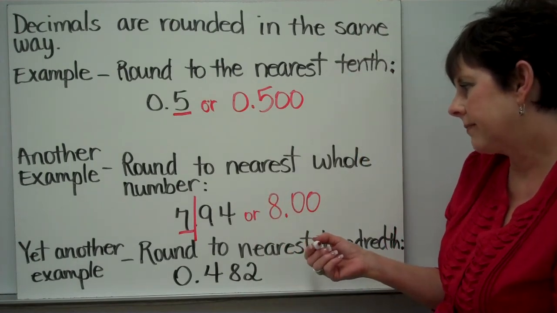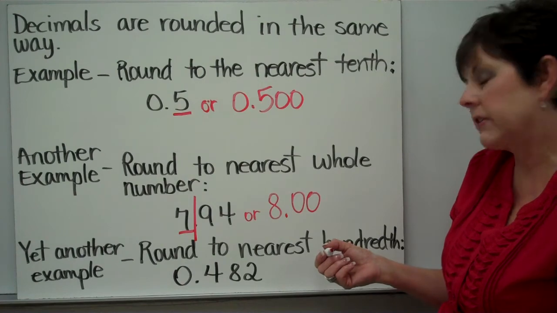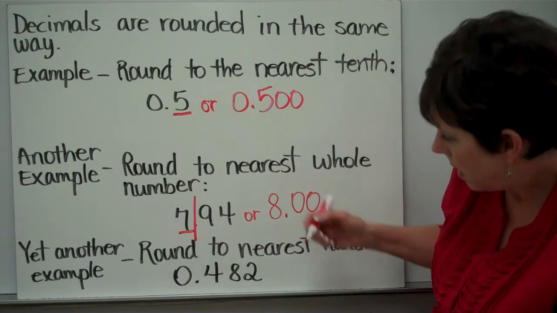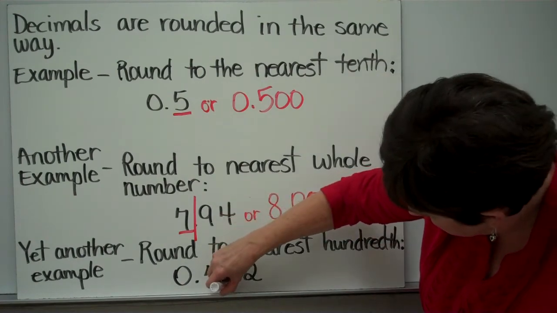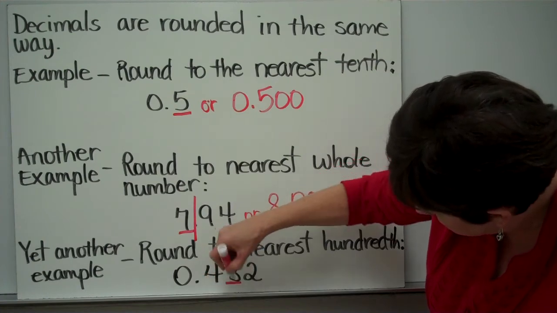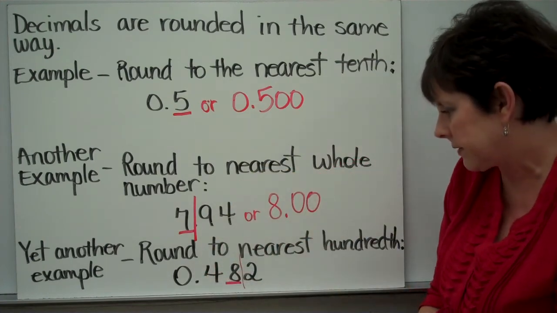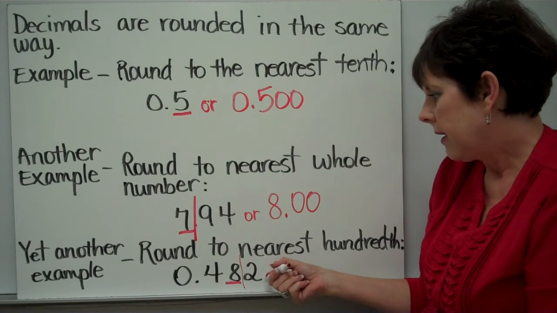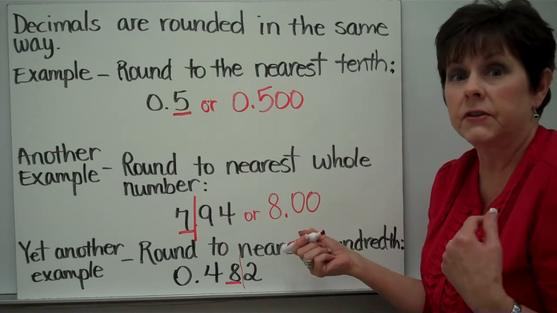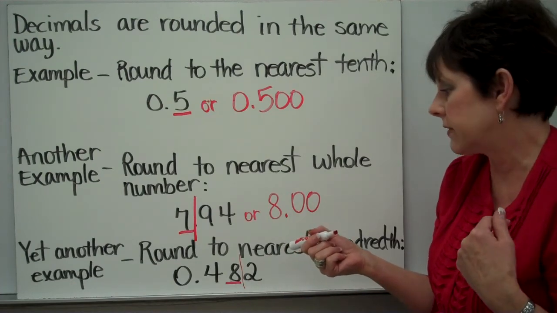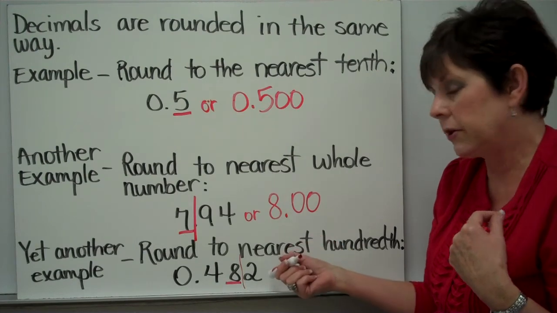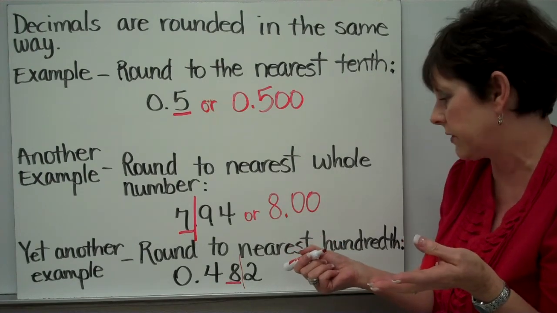And the last one, round this to the nearest hundredth. Here's the number in the hundredths place. Draw your fence. Look at the 2. All right? Ask yourself, is it 0 to 4 or is it 5 to 9? Well, it's a 2. It's in the 0 to 4 section.